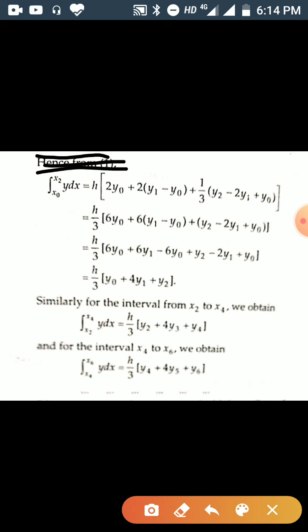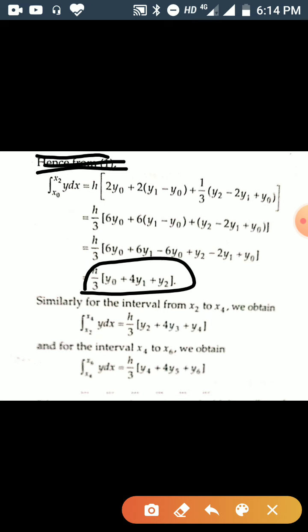So if we take 1 by 3 common, we will get h by 3 times 6y0 plus 6(y1 minus y0) plus (y2 minus 2y1 plus y0), and after simplifying we will get h by 3 times (y0 plus 4y1 plus y2).